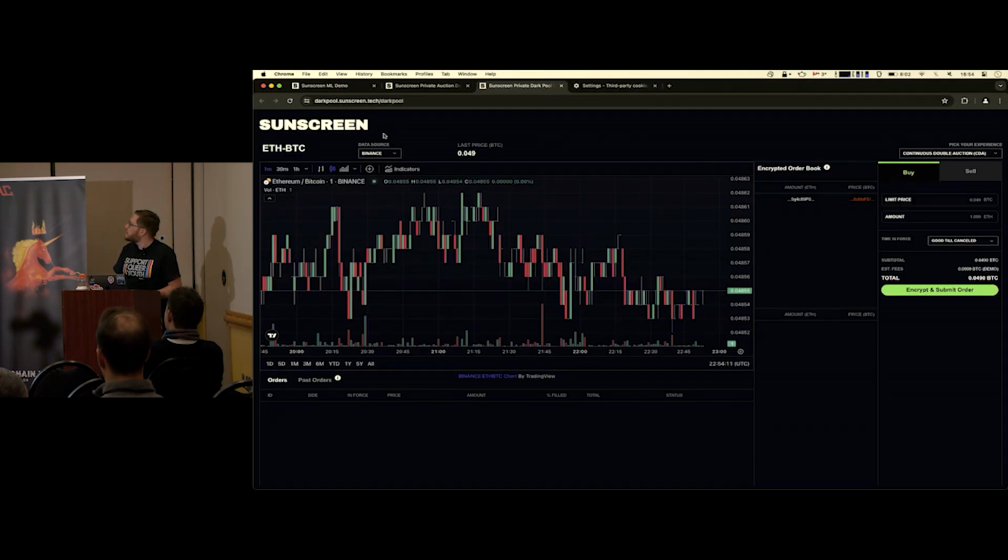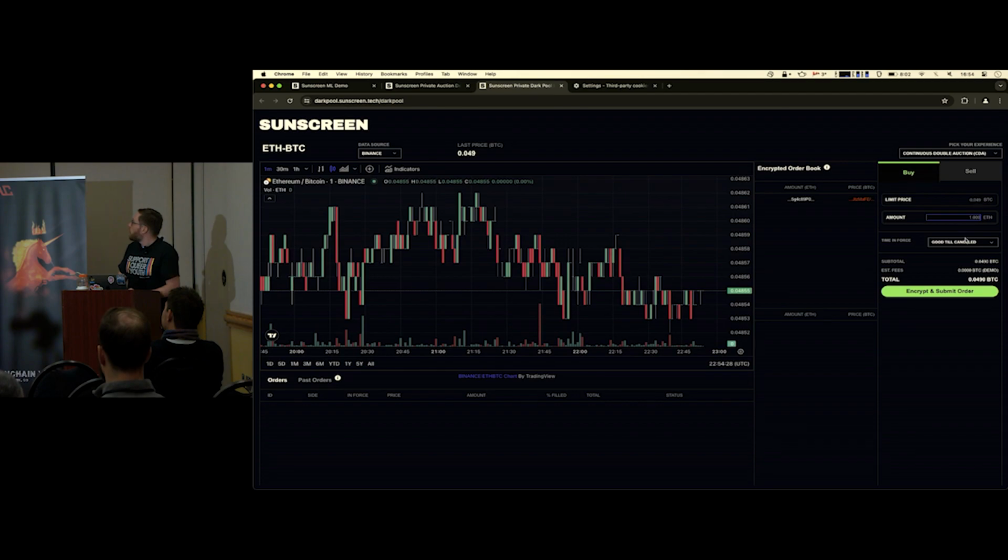So in this case, this is a final example we have. And I should mention all these examples are not running on my computer. I'm encrypting the data, sending it up to AWS, and then getting the result back. So here, I'm going to put in a value of I want to trade 1 ETH for 0.049 Bitcoin.